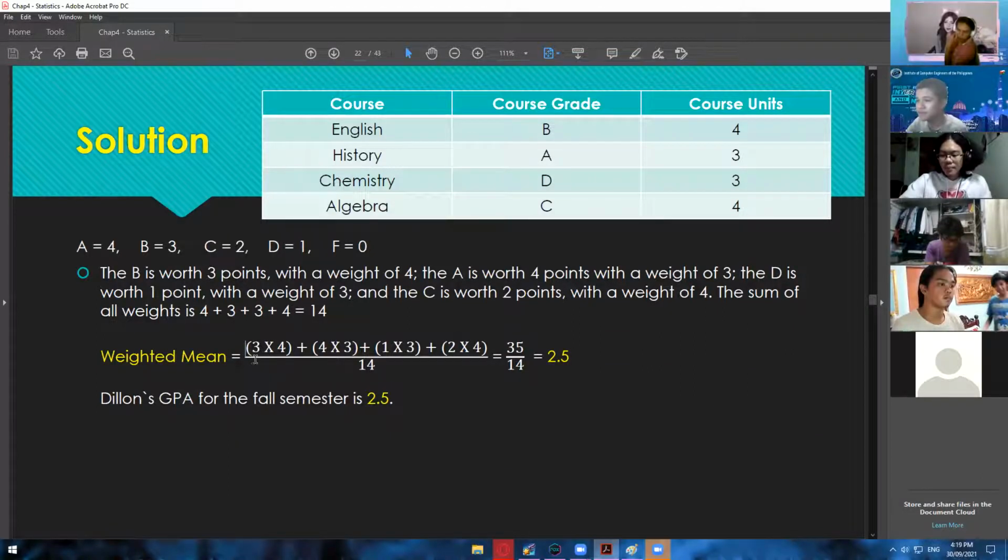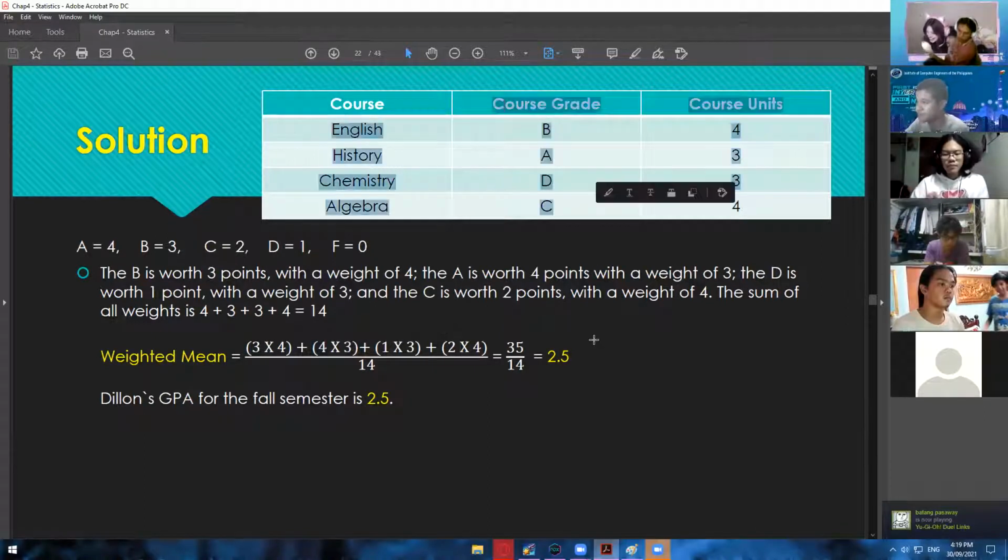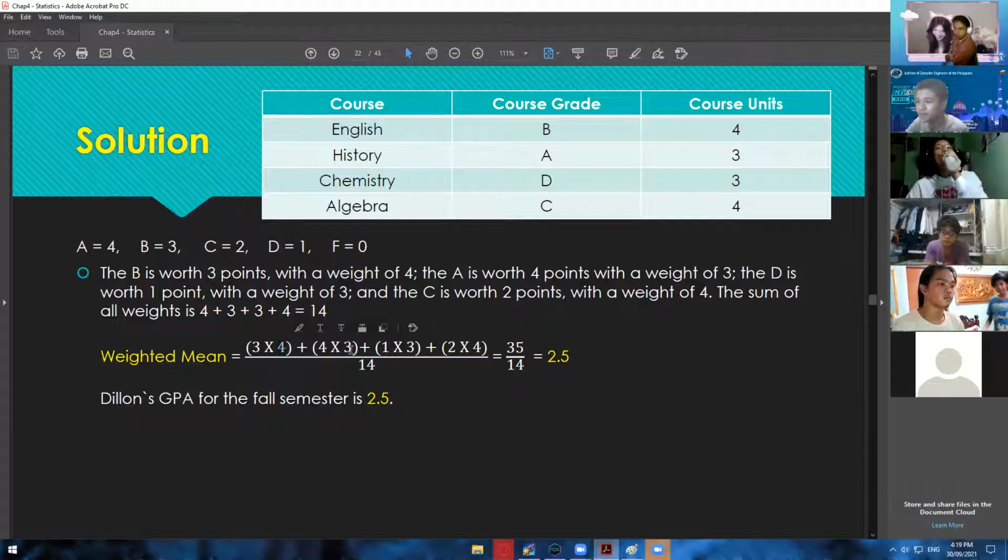Then you divide this by the total of the weights that we have here: 4, 3, 3, and 4. So 4 plus 4 is 8, plus 6 is equal to 40. The data we have, 3, 4, 1, and 2, came from the course grades, followed by the course units or the weights. Just do the math and you will get 2.5 as your weighted mean. Maybe this is equal to C plus or B minus. So the LUN's GPA for the fall semester is 2.5.